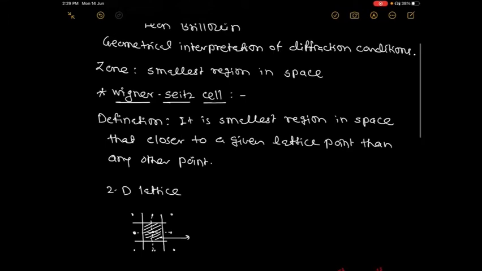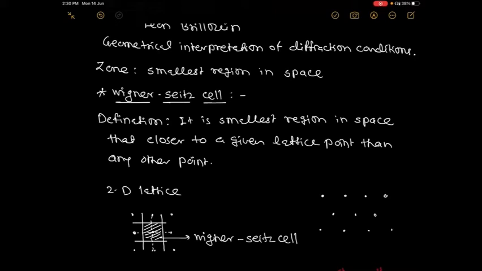That region is the Wigner-Seitz cell. We also draw another six-sided Wigner-Seitz cell that also represents the smallest region, using another geometry of the lattice points.